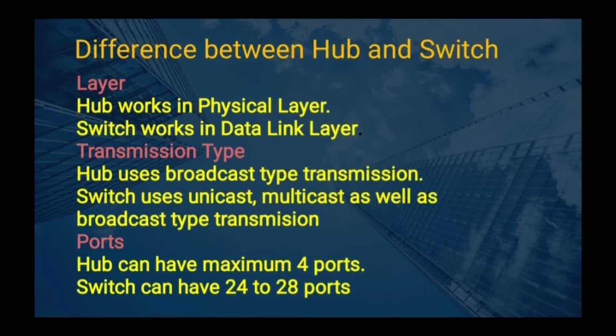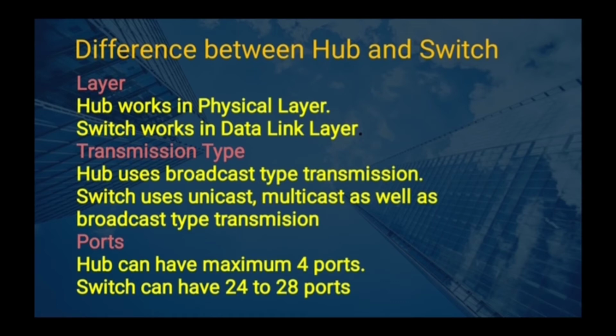If I talk about the layer, you may not be aware of this. In our OSI, Open System Interconnection network, we have 7 layers through which my message passes. Any message which we send from our computer has to pass through the 7 layers.